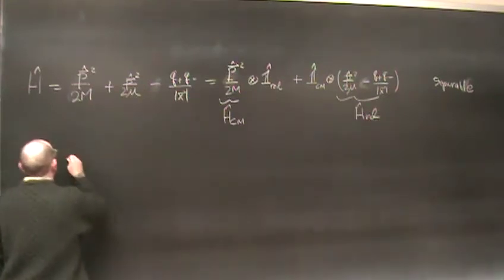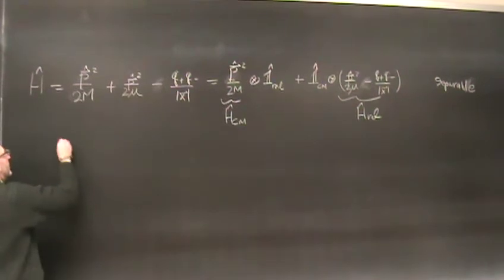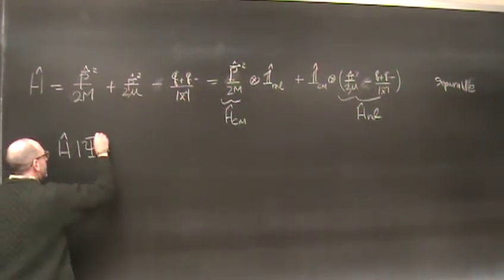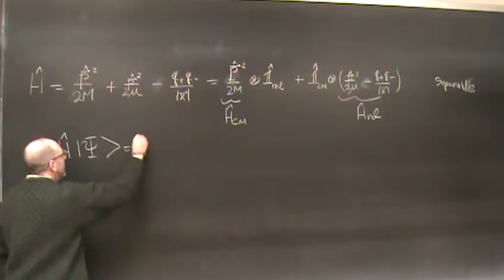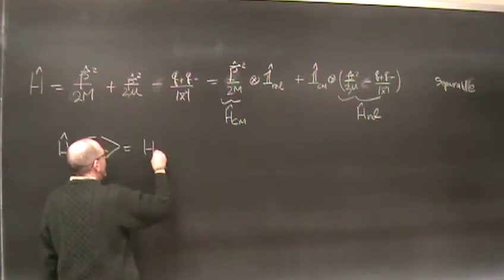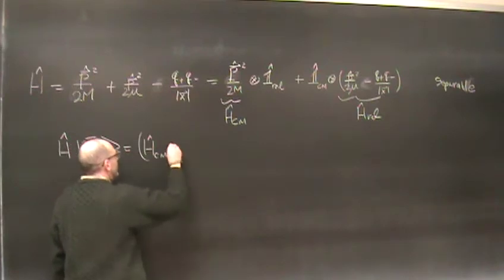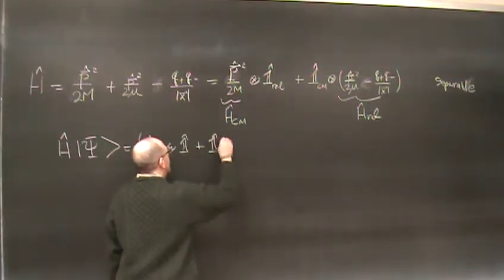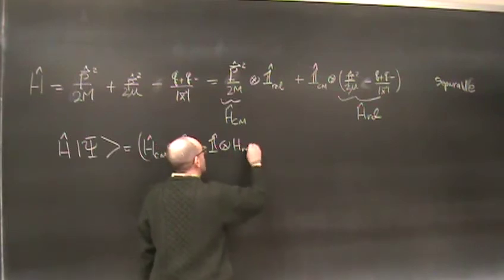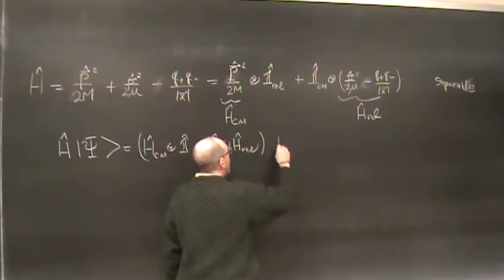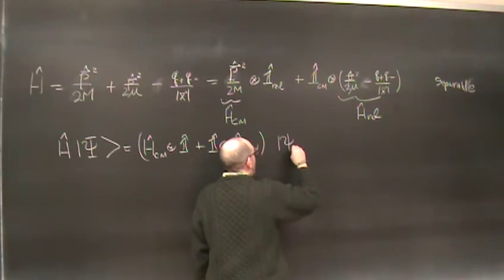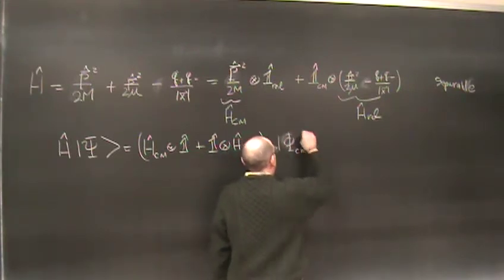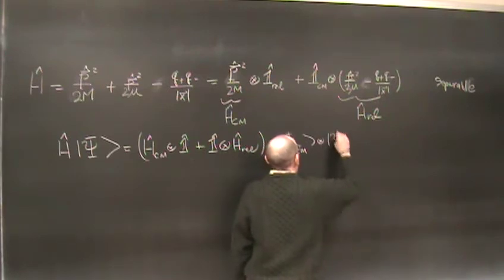And so if I look for eigenstates of the Hamiltonian, I can separate them into product states of center of mass and relative coordinate.